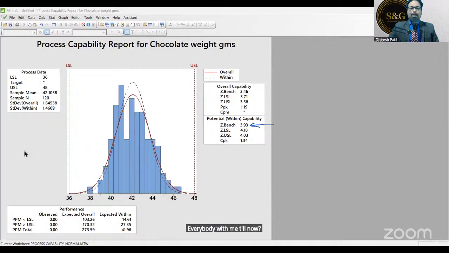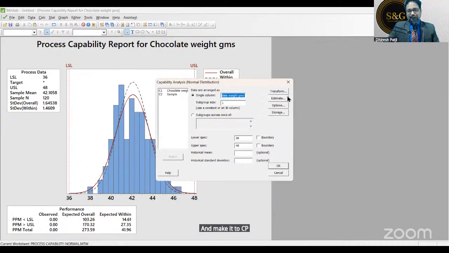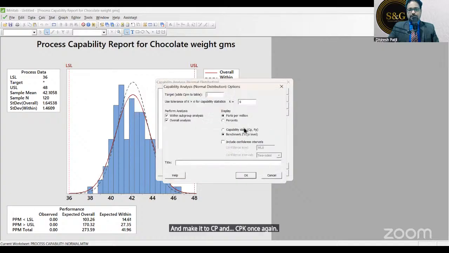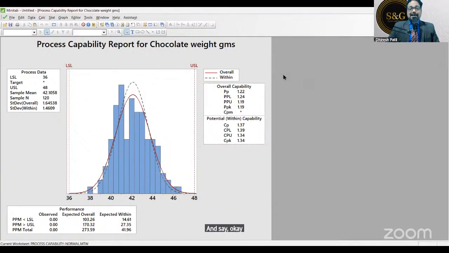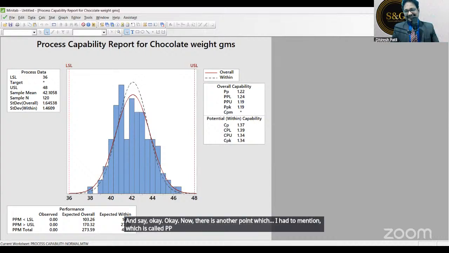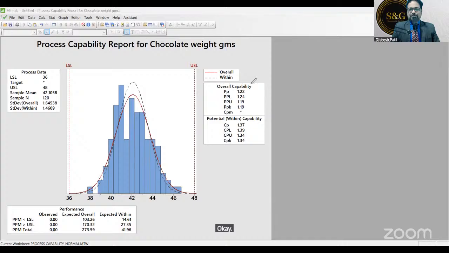Now let me go back once again and make it Cp and Cpk, okay? Go to Options, make it Cp, Cpk and say OK. Now there is another point which I had mentioned, which is called Pp, Ppk. Can you see here, this part?